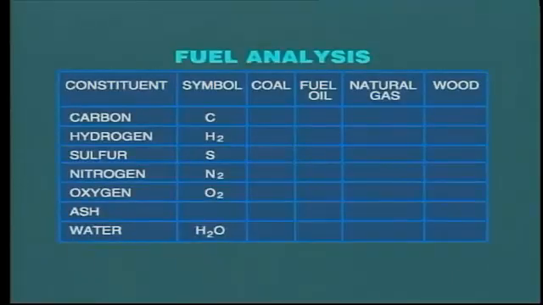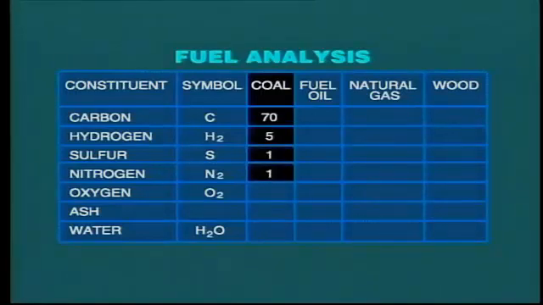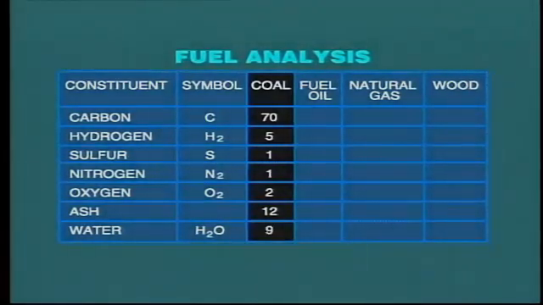A typical analysis of coal may indicate the following makeup: carbon 70%, hydrogen 5%, sulfur 1%, nitrogen 1%, oxygen 2%, ash 12%, and moisture 9%. Actually, the moisture content consists of two components: the inherent moisture in the mined coal, plus the surface moisture, which is picked up in transport and in storage in the coal piles.